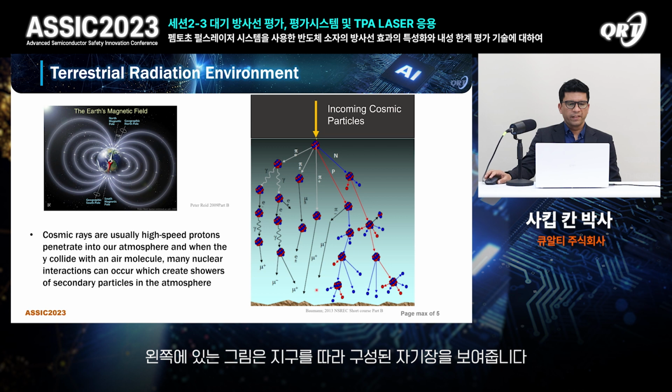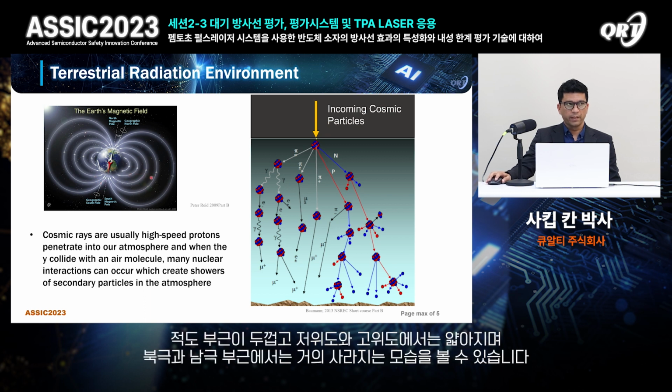This figure on the left-hand side shows how the magnetic field surrounds our Earth. You can see it is thicker at the equator, and it is thinner at the low and high latitudes, and it disappears near the north and south poles.